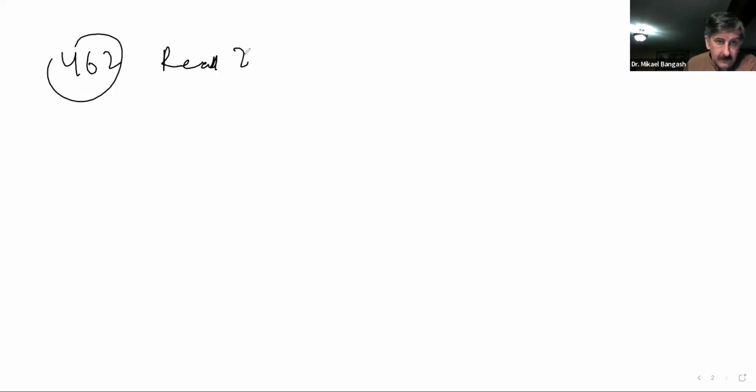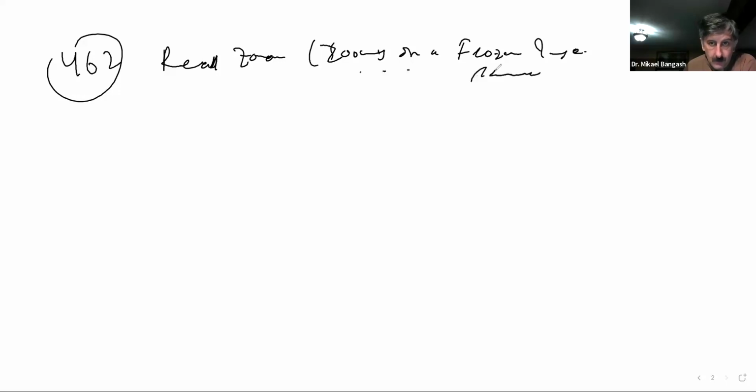Now, what will read zoom? Because you can see zooming on a frozen image, or even if we say it's okay, zooming on a saved image.